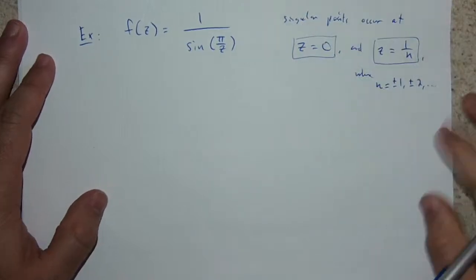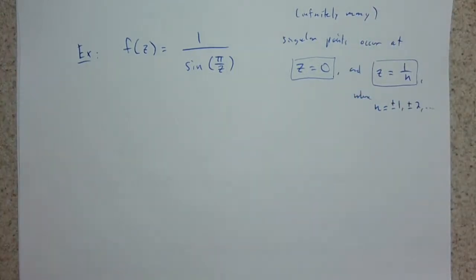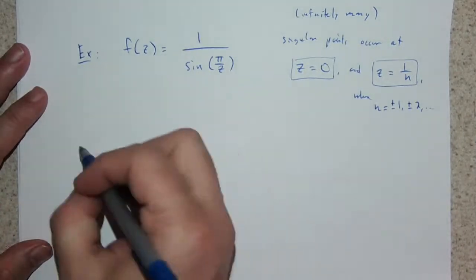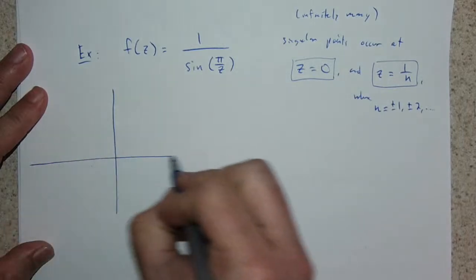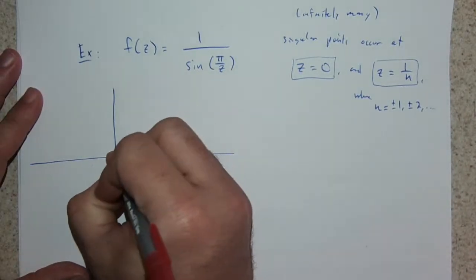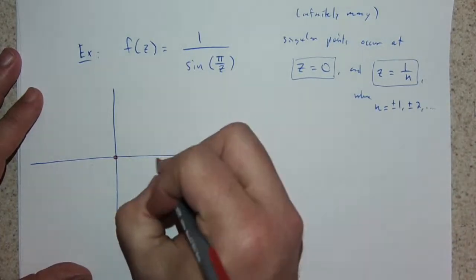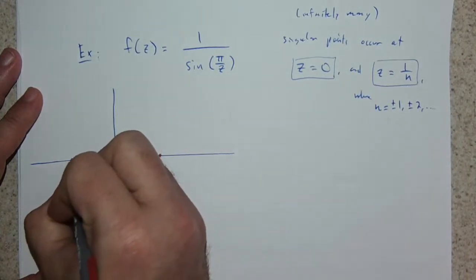So question, can a function have infinitely many singular points? The answer is yes. Here they are. Okay, what do these things look like? Well, if I draw this thing here, maybe I'll draw my singular points in red. So z equals 0 is one of them. And z equals 1 over n, so I'll make it here so that you can actually see stuff.